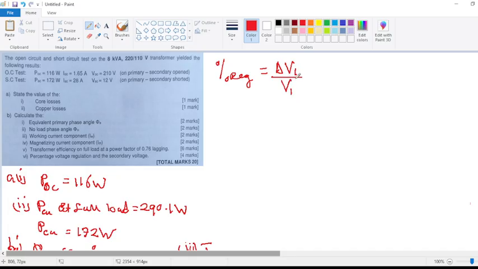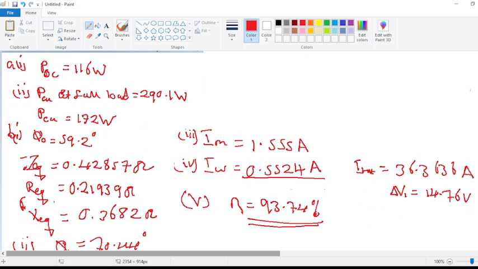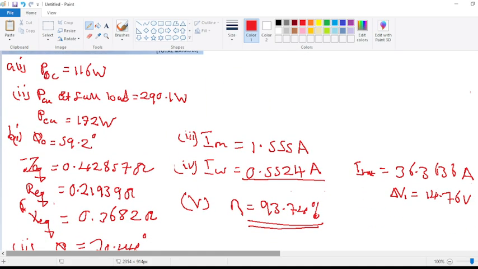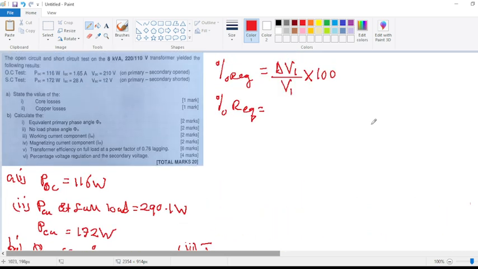Since it is a percentage, multiply by what? By 100. The voltage drop on the primary side we calculated to be 14.76.